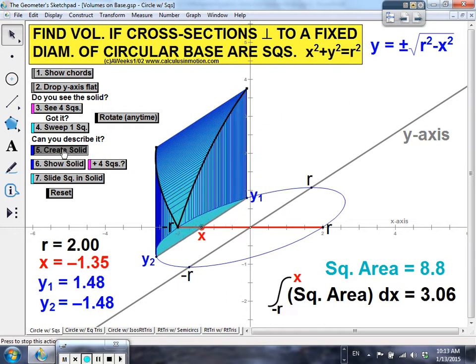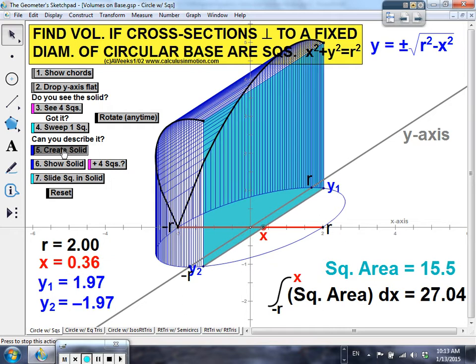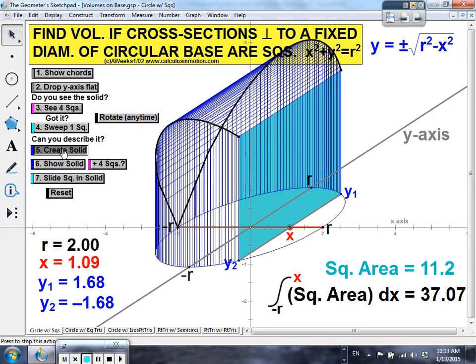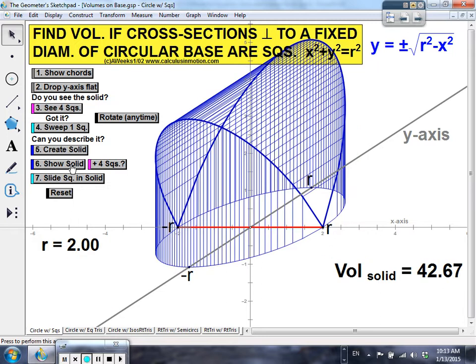If we accumulate all of those squares, it creates a 3-dimensional figure that would look like this. And that's the thing we're going to be finding the volume of. So that's what would be created if our base was a circle and our cross-sections were squares. It would create a solid such as that.